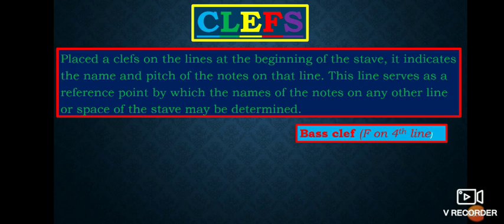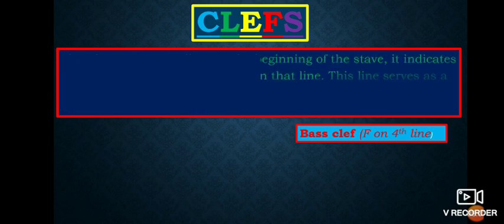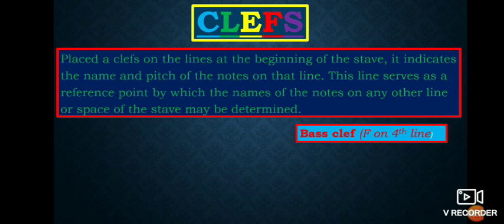It indicates the name and pitch of the notes on the lines. This serves as a reference point by which the names of the pitches of the notes on any of the lines or spaces of the stave may be determined.